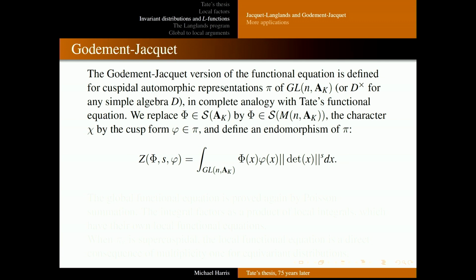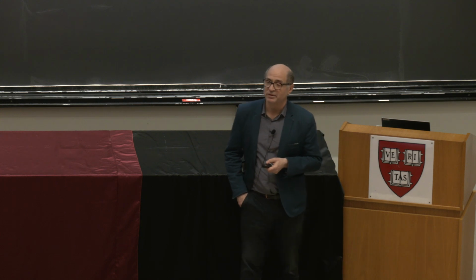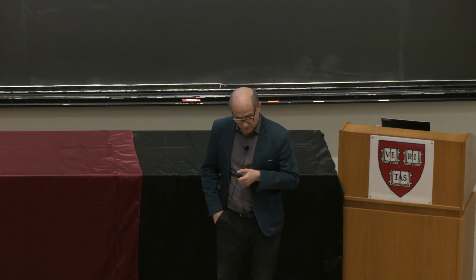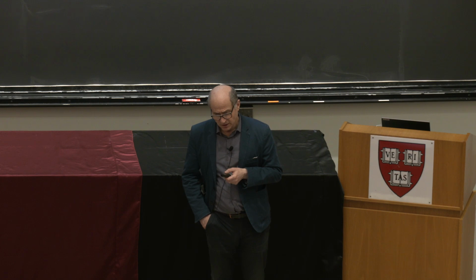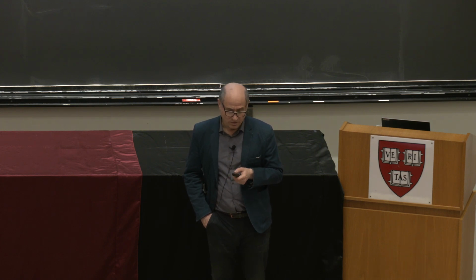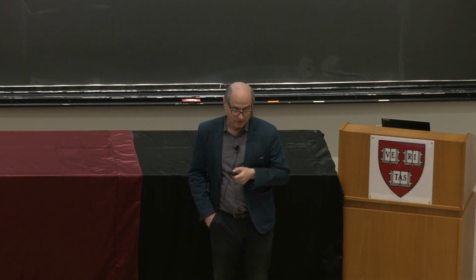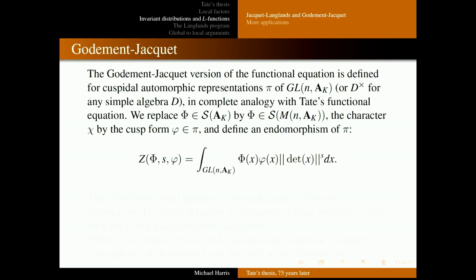So now we can take any GL_n, or the multiplicative group of any simple algebra. In complete analogy with Tate's functional equation, you can define the Schwartz space completely analogously with respect to any vector group over K, and you take a function in the Schwartz space over the matrix group.